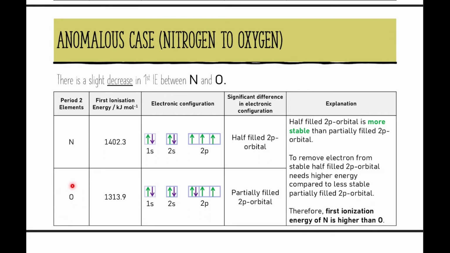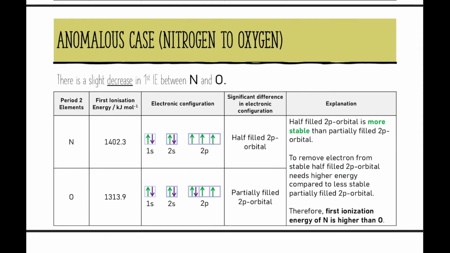Whereas for oxygen, the electronic configuration is 1s2 2s2 2p4. This is not half-filled, it is partly filled with electrons, which is 4 electrons compared to the maximum number of 6 electrons in the 2p orbital. The half-filled 2p orbital in nitrogen is more stable than the partially filled 2p orbital in oxygen.